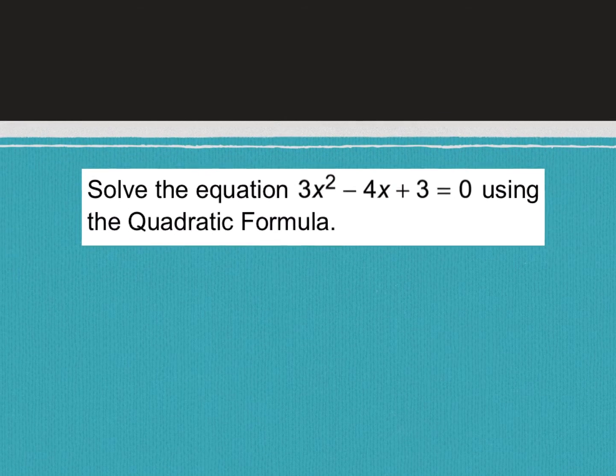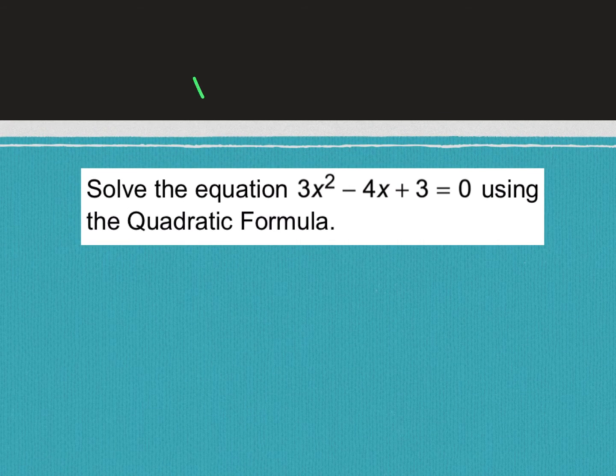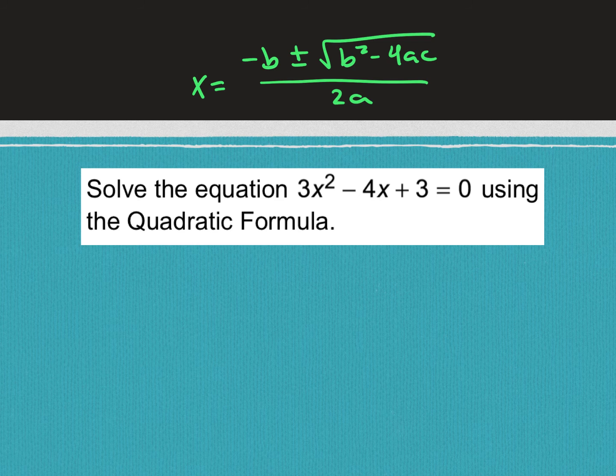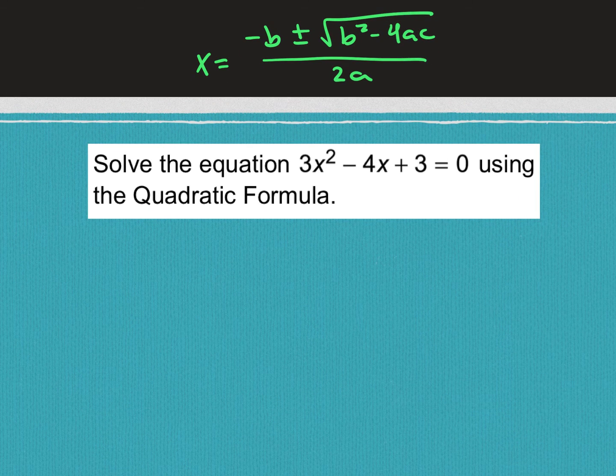All right, last one like that. So our quadratic formula is x is equal to negative b plus or minus the square root of b squared minus 4ac over 2a. So what's a? A is 3. What's b?